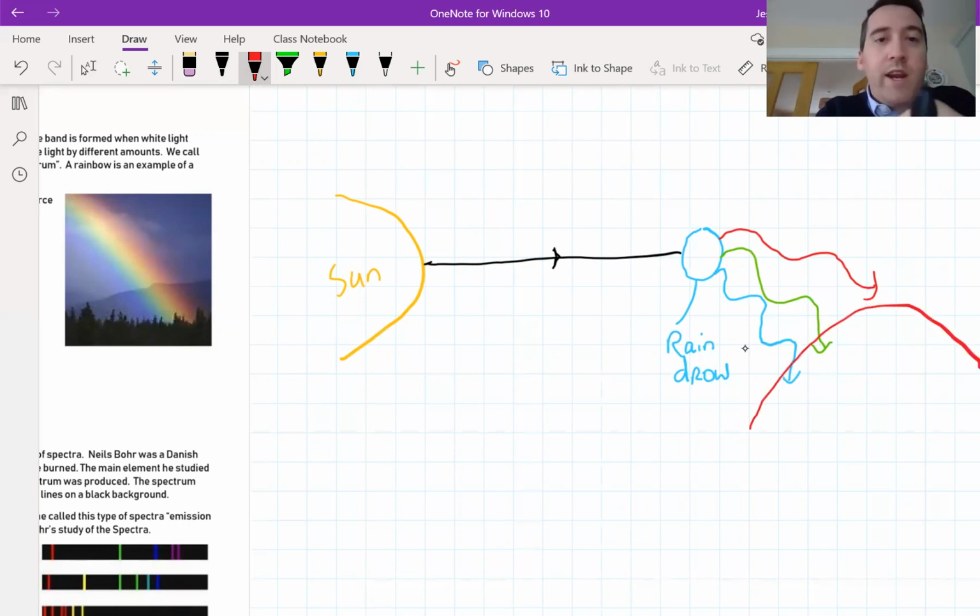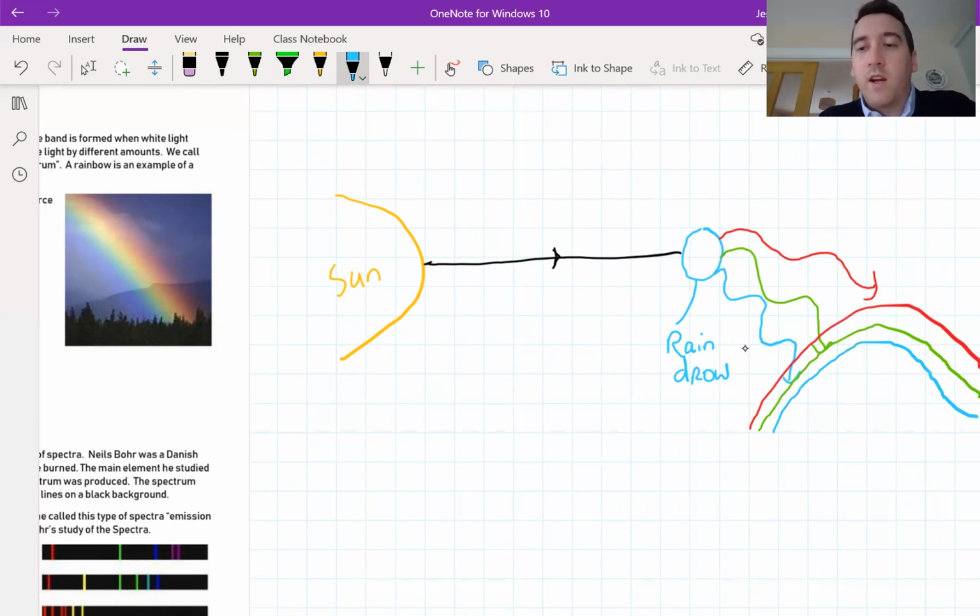Here is the green, which is below that because it's bent more. And here at the bottom is the blue. Now, of course, there are other colors in this, and hopefully you're recognizing what I'm drawing here. Essentially, I'm drawing a rainbow. So the everyday name for this creation in the sky, this band of different colors, is called a rainbow.